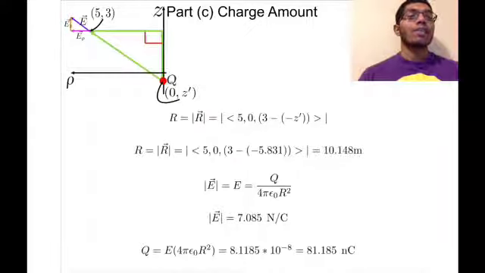I have r as 10.148 meters, and I found the magnitude of E from part B. So I have what E is, I know what r is, epsilon naught is just a constant. So I can easily find Q just by simple algebra once more, and I find that to be 81.185 nanocoulombs. That marks the end of this example.